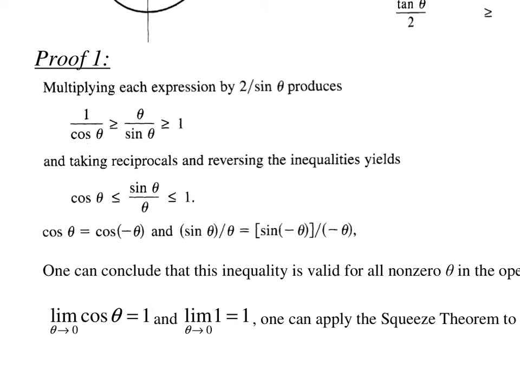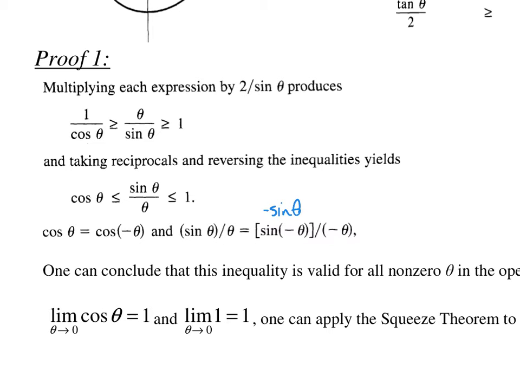Now, here we're double checking in our proof to make sure that this would apply whether we have positive or negative angles. Since cosine of theta is the same thing as cosine of negative theta, this will still apply. If I do sine of negative theta, that equals negative sine theta.